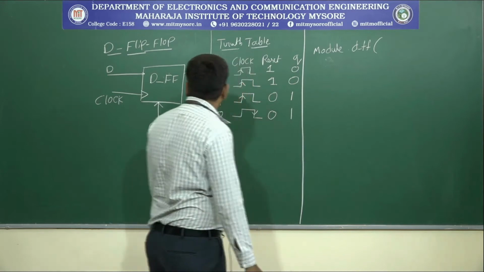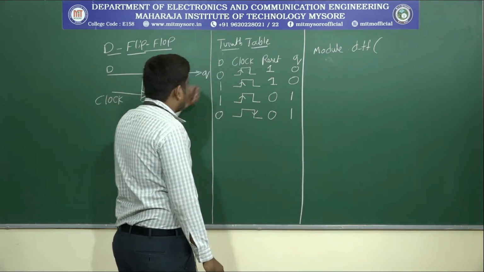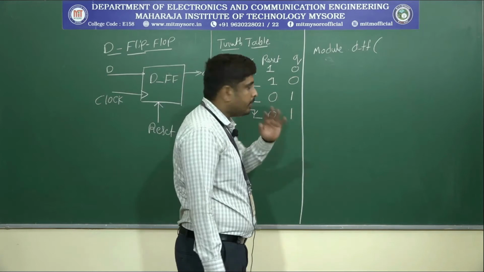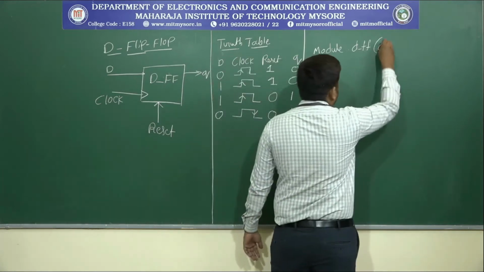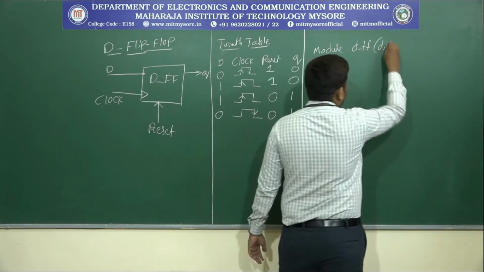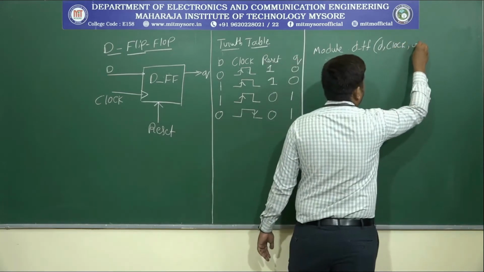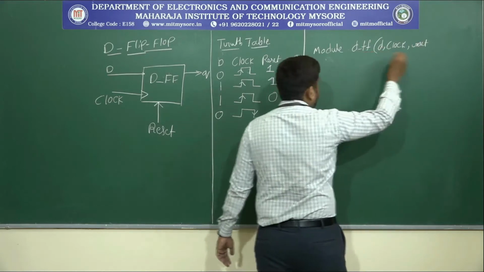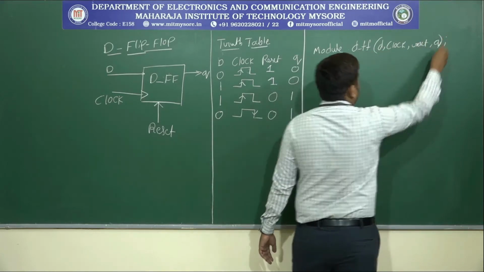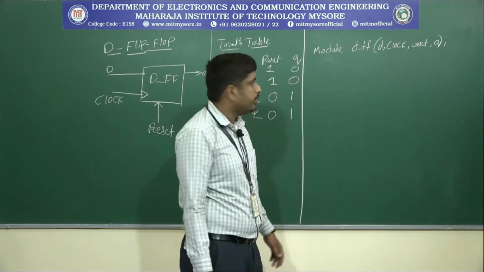The terminals here are D, clock, reset and Q. We write the terminals only: D, clock, reset, then finally Q. These are all the terminals with respect to the D flip-flop.